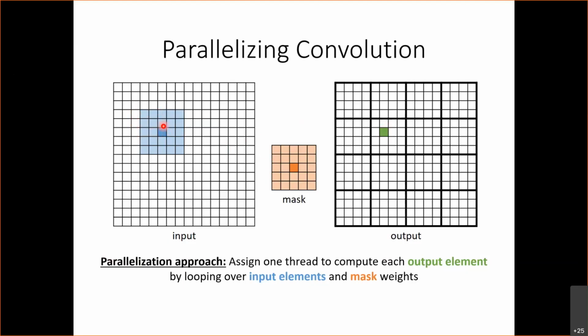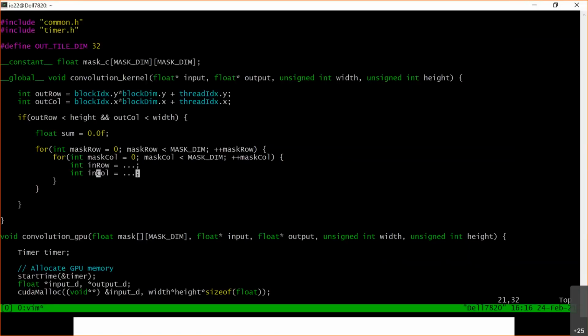So in this mask over here, my mask radius is 2, and my mask dimension is 5. So the input row is going to be the output row minus the mask radius plus the mask row. And the same thing for the column.